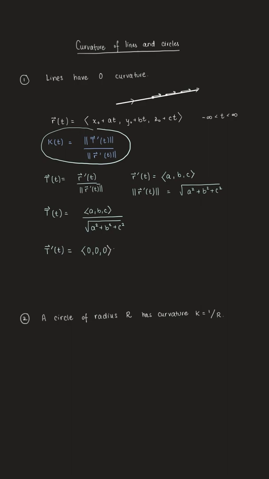So this is the 0 vector whose magnitude is 0, which means that our curvature definitely has to be 0, since the numerator is the magnitude of the derivative of the unit tangent vector. So lines have 0 curvature, makes sense. The direction of our unit tangent vector is never changing.